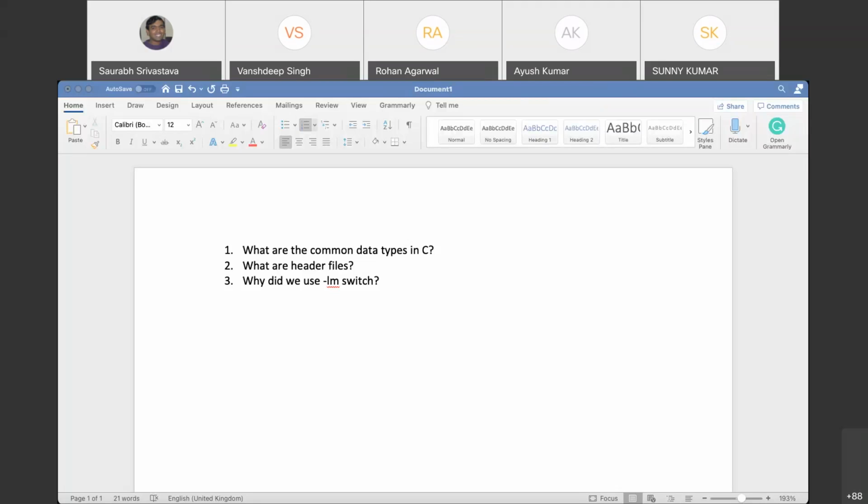Basically, if I do not include math.h and I use a square root function, then we have to write the code for square root ourselves. And if we use the header file math.h, it is predefined in it that it has a square root function. So if we do not want to write a code for square root, then we can use it. That's why the header file came into force.